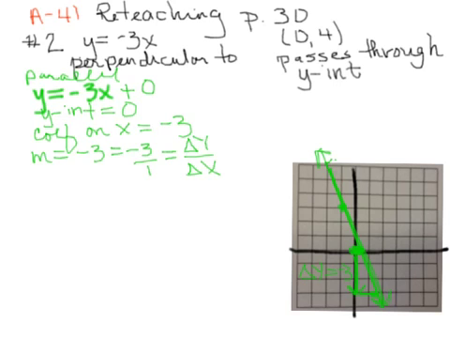So now if I want one that passes through the point 0, 4, I'm going to come up here 1, 2, 3, 4. So there is the point 0, 4, and obviously that is a y-intercept. So I know I have y is equal to mx plus b, and I know that my b is 4.